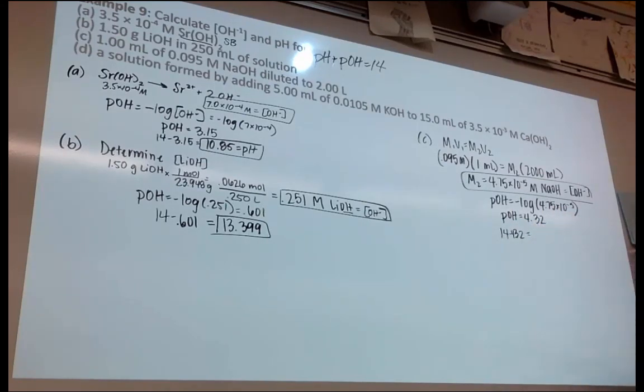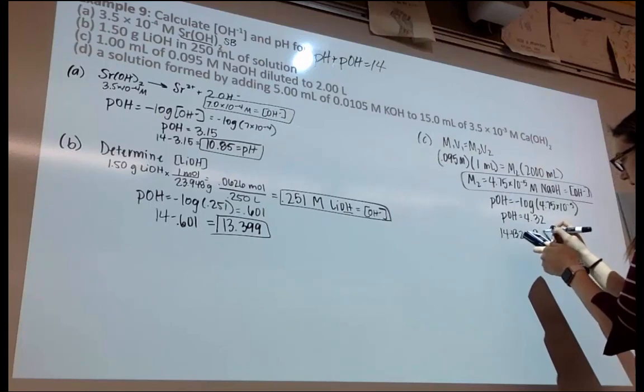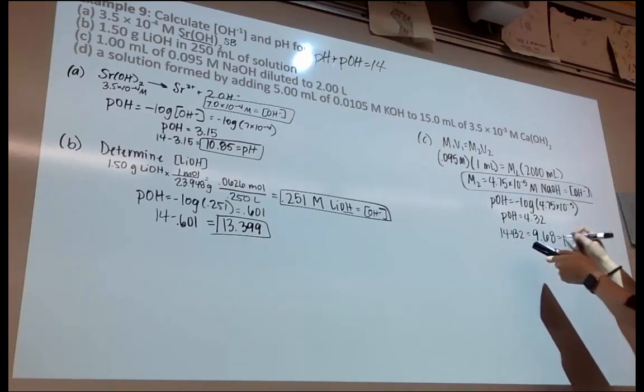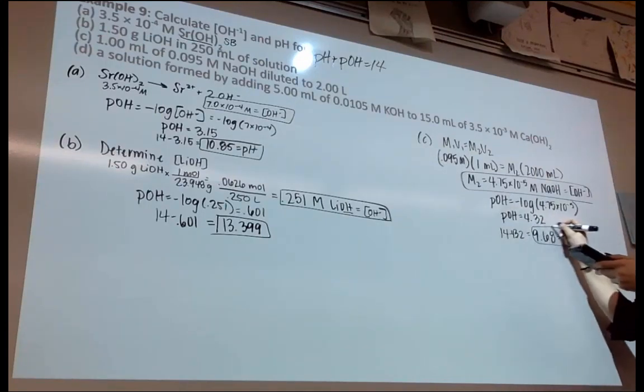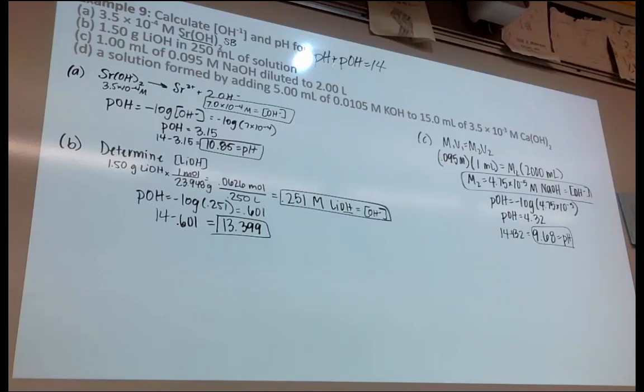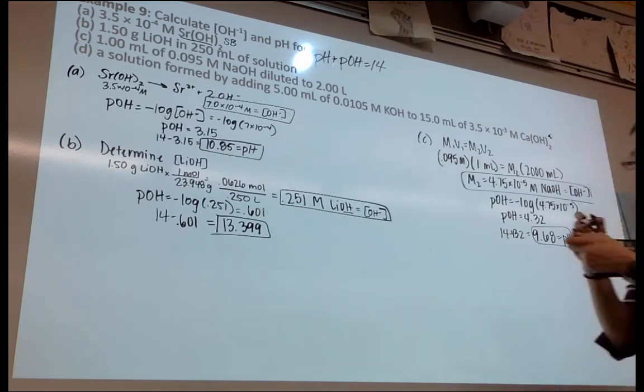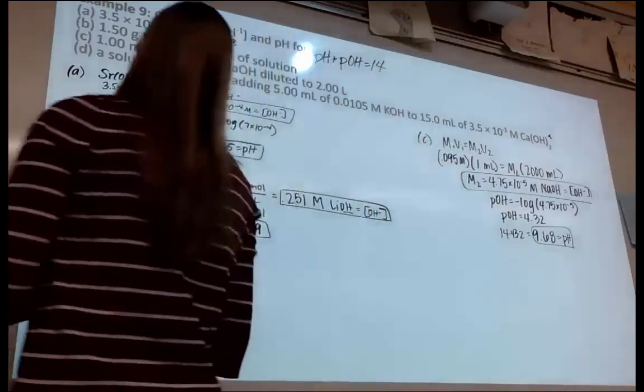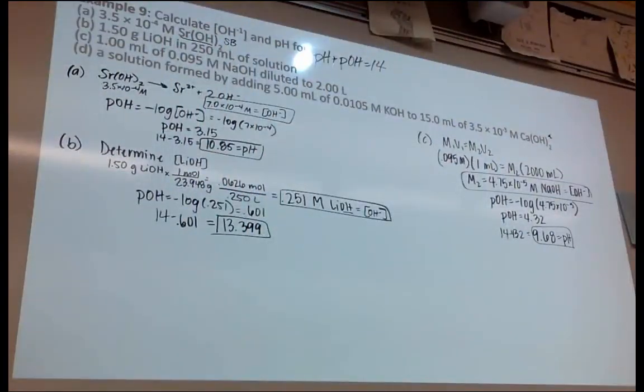Subtract that from 14. Gives us 9.68 for pH. Again, notice how it's over 7. So it makes sense. So we'll save part D. If you want to try part D, you can try it, see what you get. This one's tricky though because of the hydroxides. Right, you're paying attention to hydroxides.